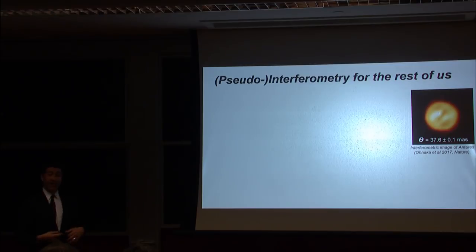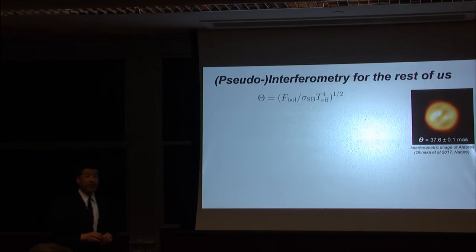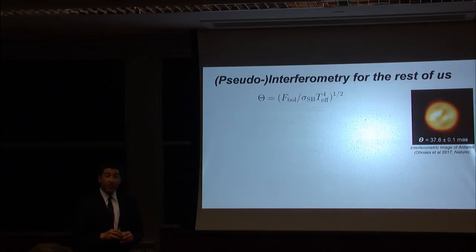This can be done for handfuls of stars in the sky. It's a tour de force effort, important fundamental effort. We can effectively do the same thing with comparable precision for millions of stars without resolving their surfaces. That's the pseudo interferometry part.